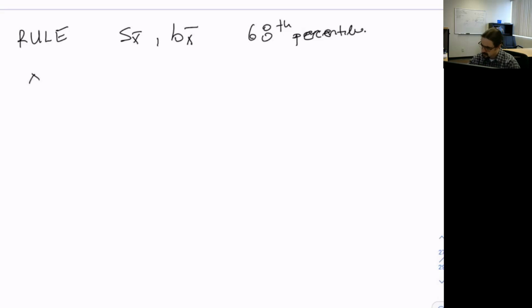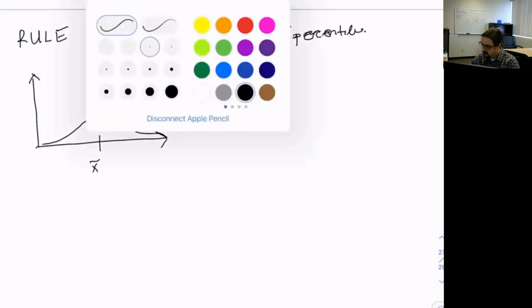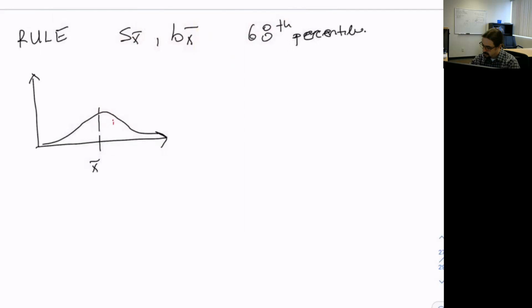So what that really means, remember, when we are looking at a normally distributed setup, let's say this is our X bar, which is the sample mean, and then we are measuring our standard deviation. The standard deviation is X bar plus sigma, and this is X bar minus sigma.